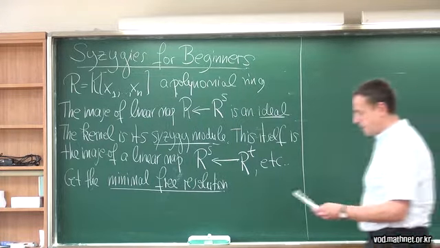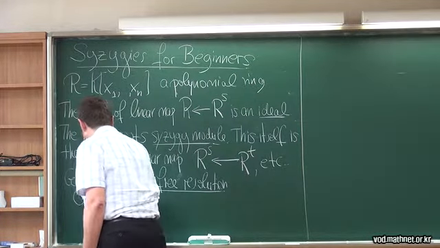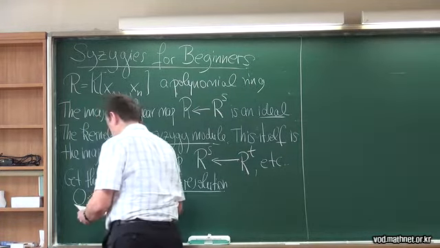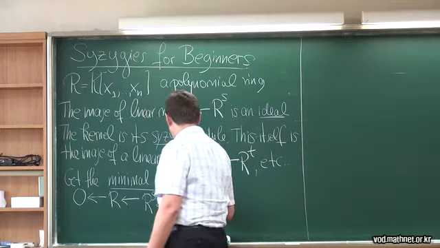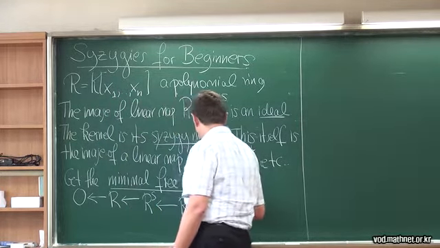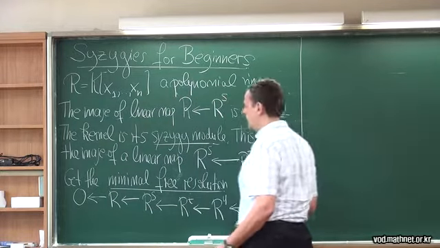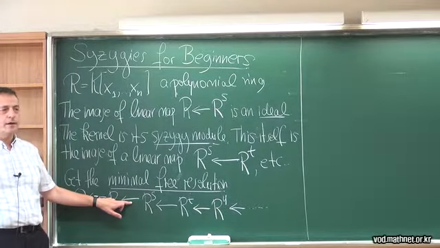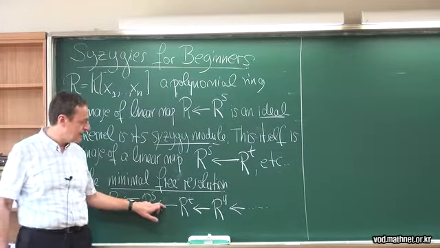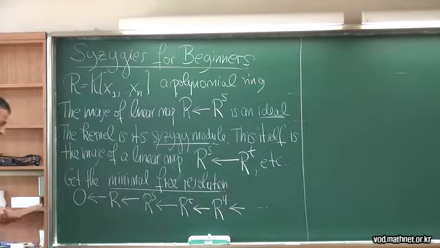So we're going to do a minimal free resolution, and it looks like this. Right? So at the left, we have an R, then we have an R^S, then we have an R^T, and so on, R^U. So this is given by a linear map given by a 1 by S matrix, an S by T, a T by U. So the indices go the right way.